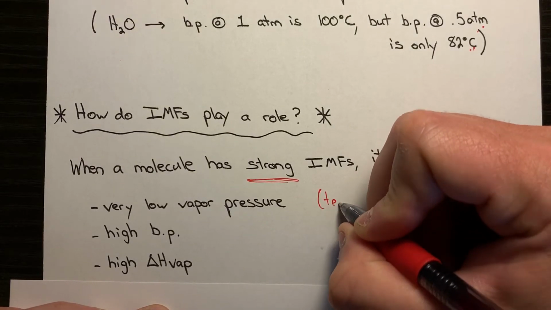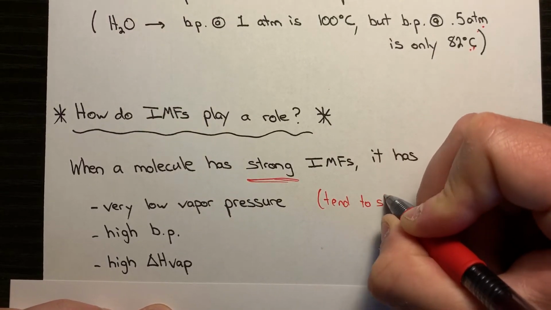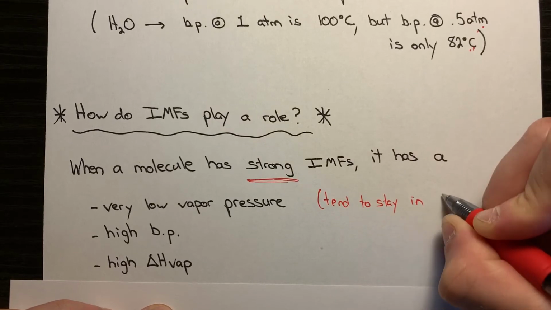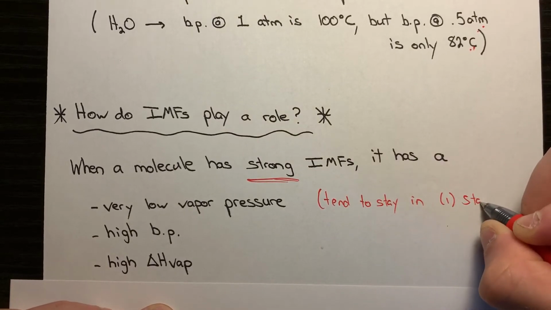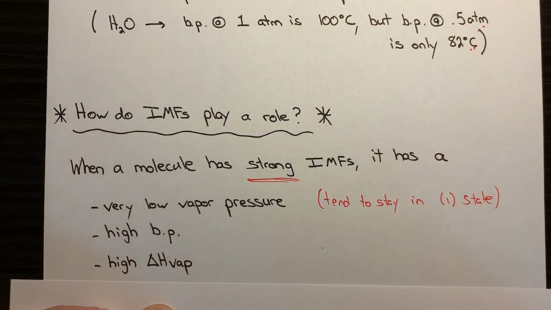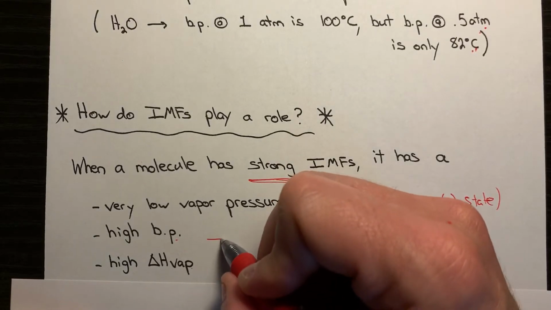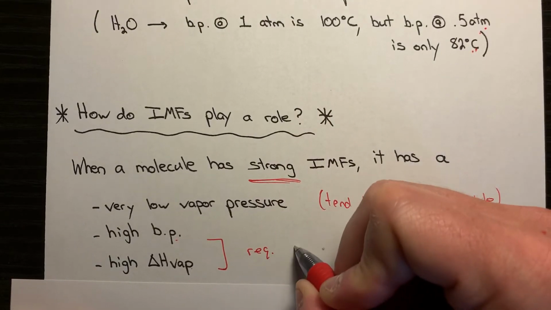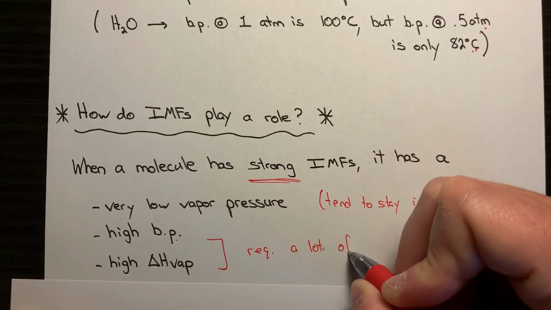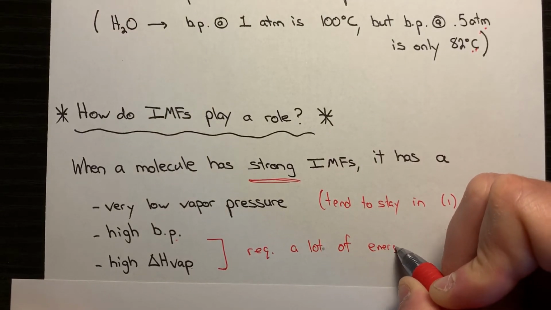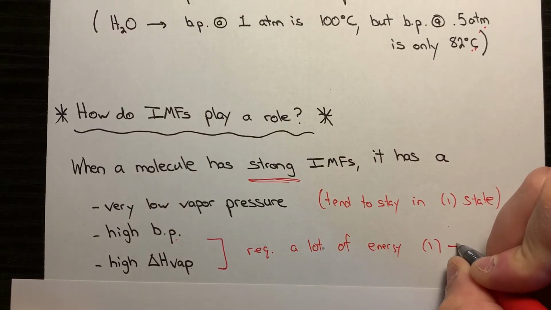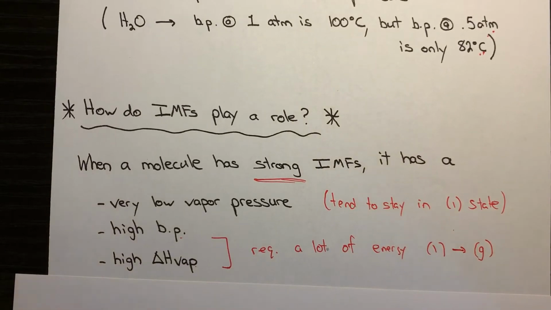You are going to tend to stay in the liquid state. And again, if you have these really strong intermolecular forces, you're going to have a high boiling point and a high enthalpy of vaporization, or HVAP, because you require a lot of energy to go from the liquid to the gaseous state.